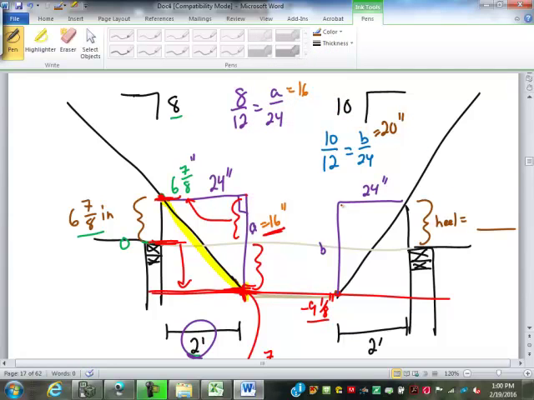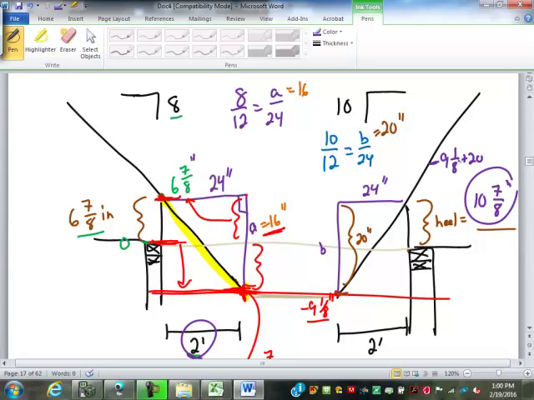So we're going to rise a total of 20 inches here. But we started out at 9 1/8 below the top of the wall. So how far above the top of the wall are we? Negative 9 1/8, plus 20, ends up being 10 7/8.